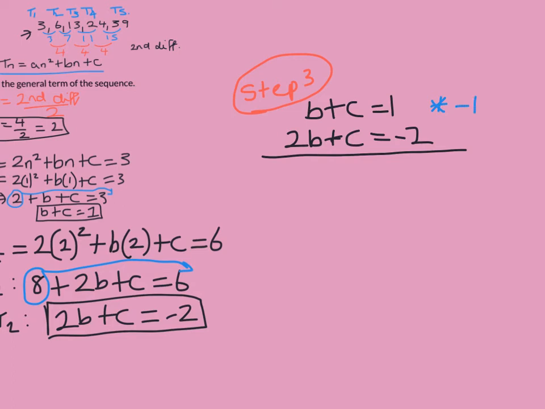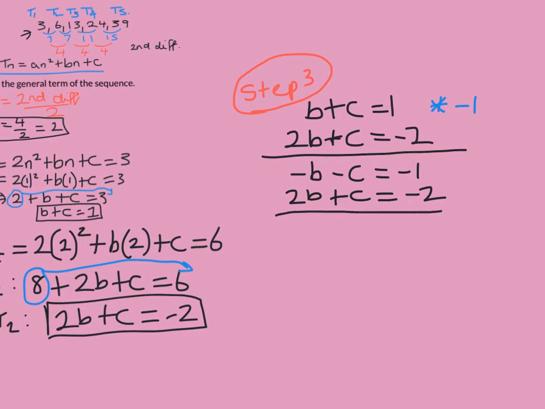And when I do that, I'm going to rewrite it so it helps me see clearer. Minus 1 by b gives me minus b. Minus 1 by plus c gives me minus c. And minus 1 by 1 gives me minus 1. Another way of looking at that is to change the signs across the whole top row. Then I have 2b plus c equals minus 2.